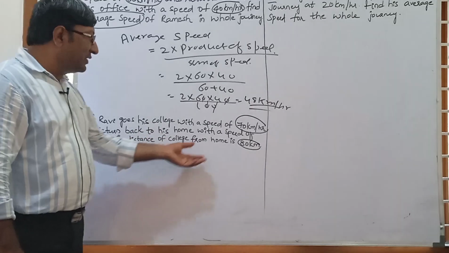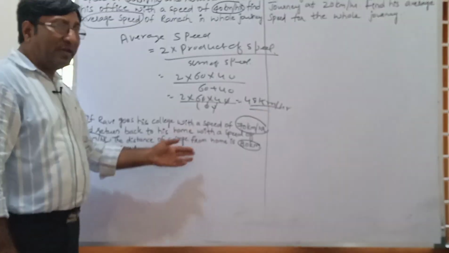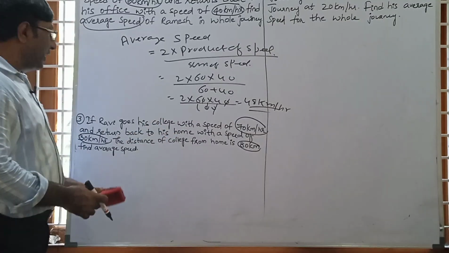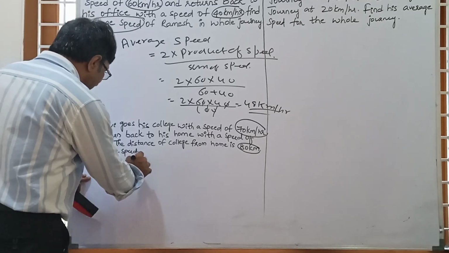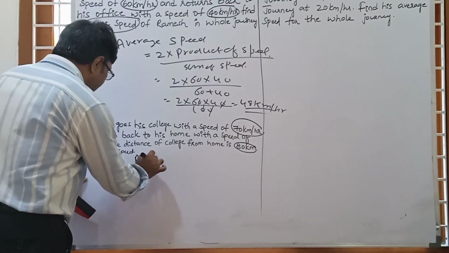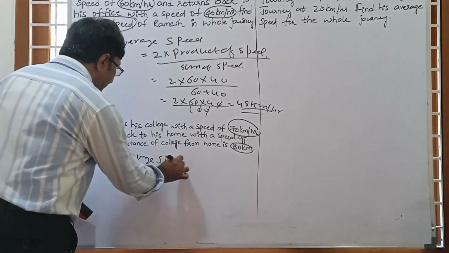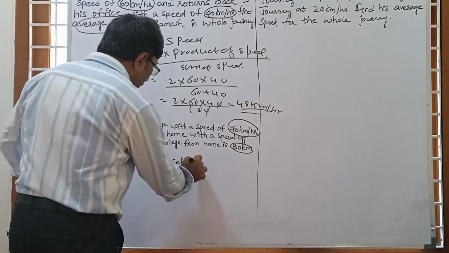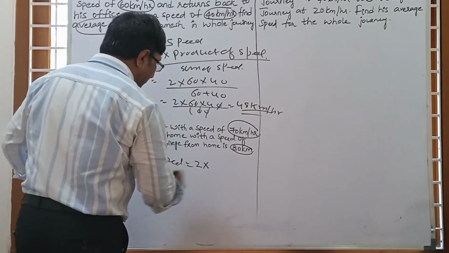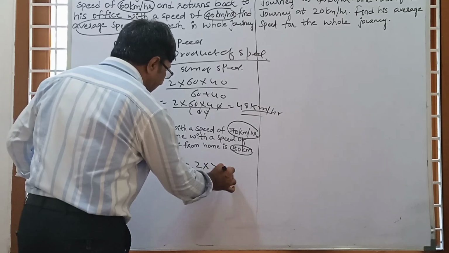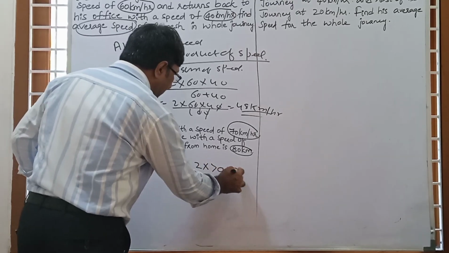So here distance is constant. Distance is given, but we will not use it. We will find the answer the same way, with our trick. Average speed equals 2 multiplied by product of speeds, divided by sum of speeds. The speeds are 70 and 30.